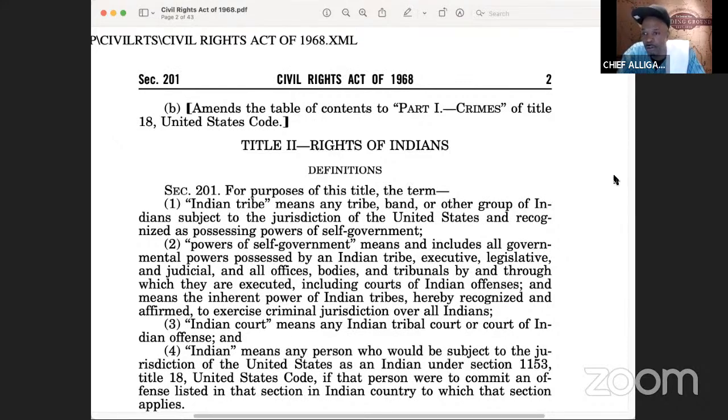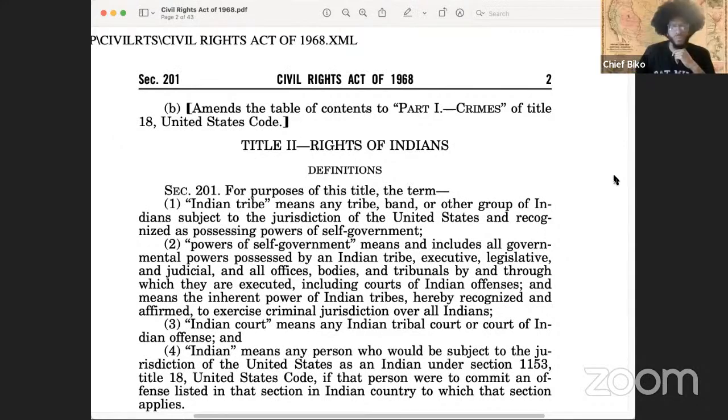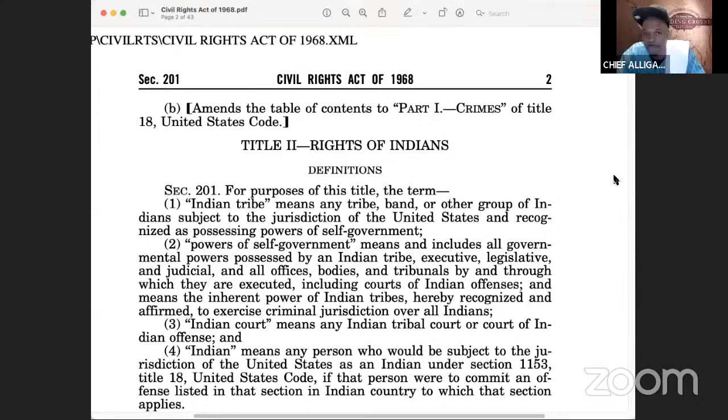We're looking at Title II of this act, and it's specific to rights of Indians. This is why we're saying stop using the word Black, Negro, colored, or Afro-American. You're never going to see something that Congress wrote that says rights of Blacks. It's just that simple. They can be specific. They're being specific to not be specific in writing with us for a reason.